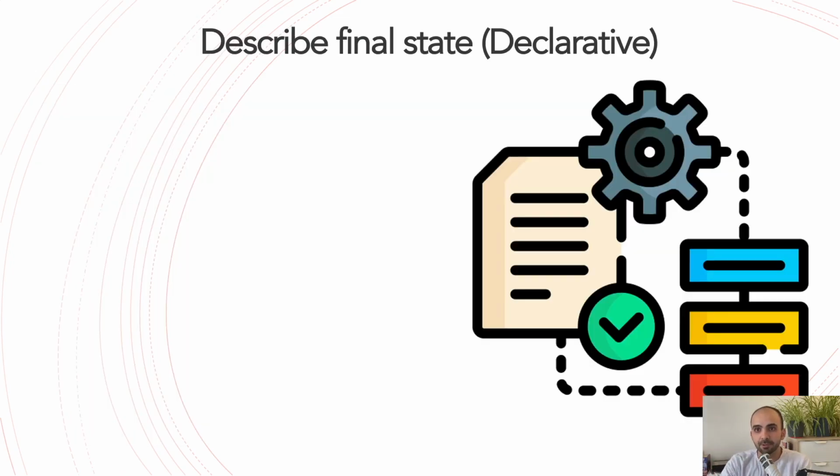There's also another approach, and we call it describing the final state, or the declarative way of doing things. We write YAML files that are input to a system that translates that YAML file as the final state of the system, compares the current state with the final state, and implements something that brings the system to that final state.